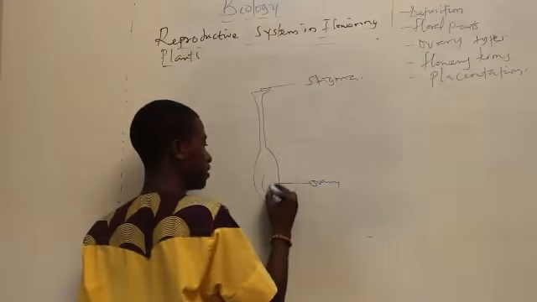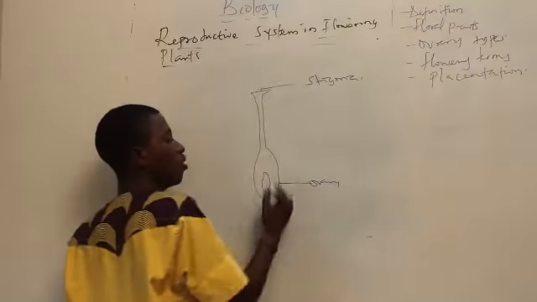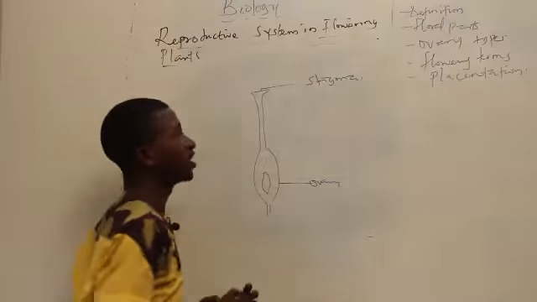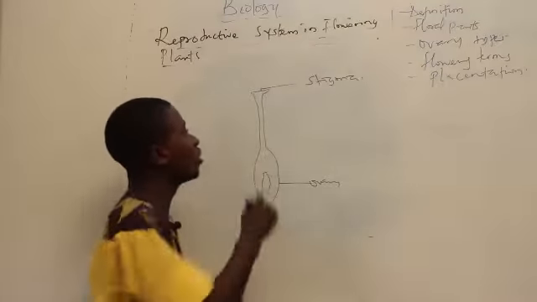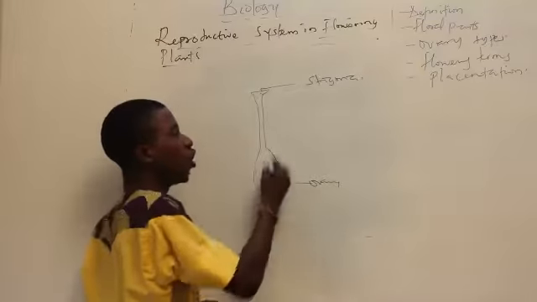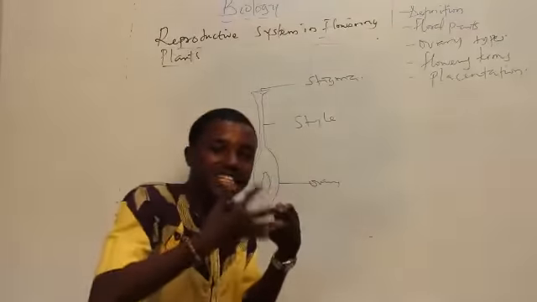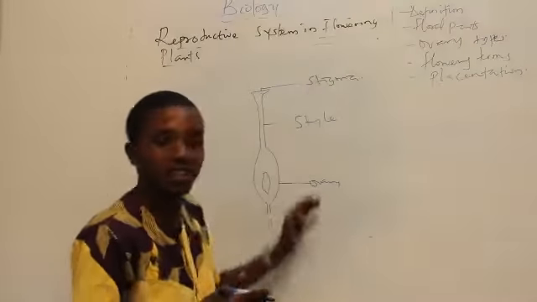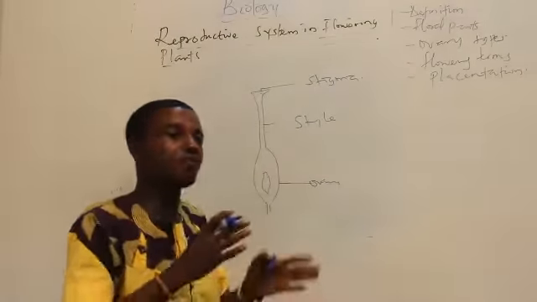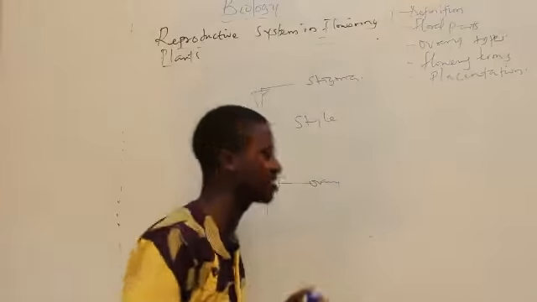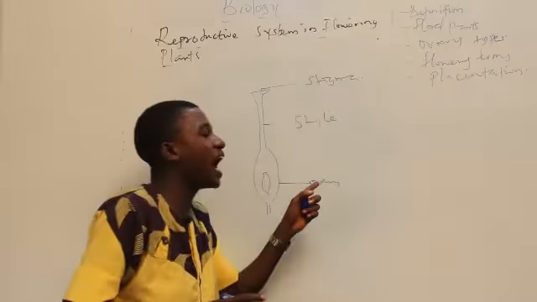Most times we might have another structure here like that, but this is the ovary. Now what connects the stigma to the ovary is called the style. The style is the connecting tube, the passage between the stigma and the ovary.